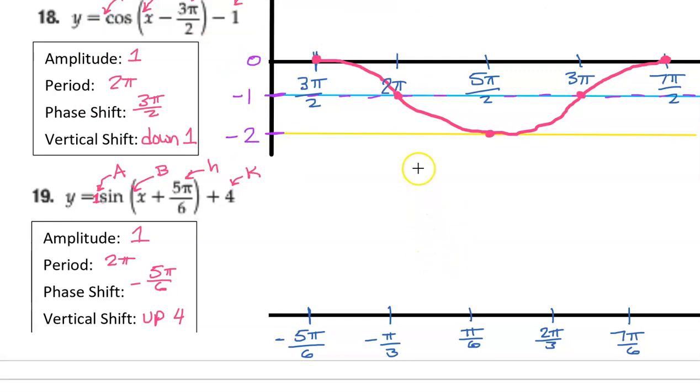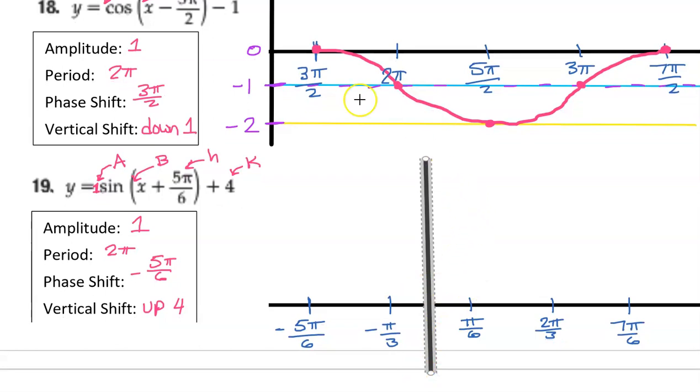Let's just put it anywhere in here. As we do our graph though, please be aware that the y-axis is not one of the 5 marks. It's just here for us to record the midline and the amplitude.